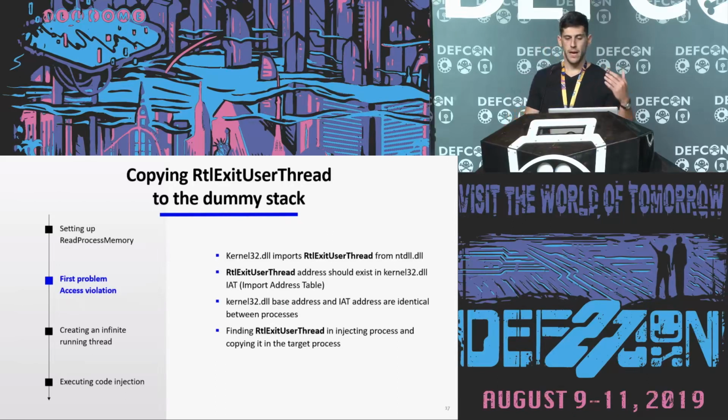And kernel32 also imports the function RtlExitUserThread from NTDLL. So what this means is if we look at the import address table and we find in our version, in the injecting process version, the address of RtlExitUserThread in the IAT, it's going to be at the same place in the target process. So we can copy that there using a method I'm going to describe right now.